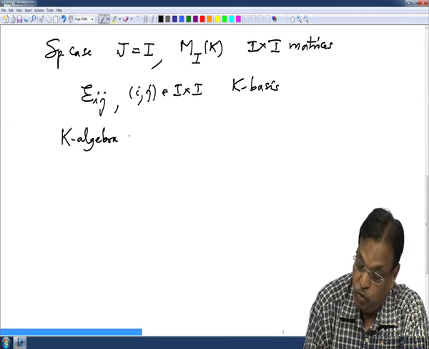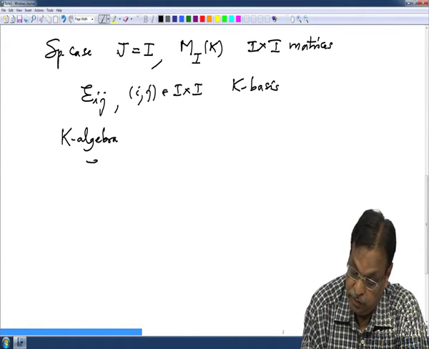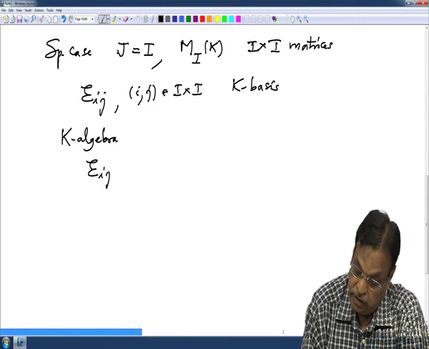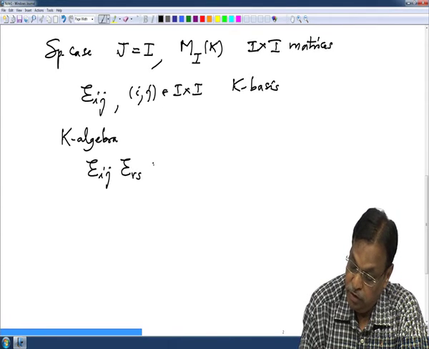So we can also multiply these basis elements E_ij, E_rs. This formula is very important for calculation.